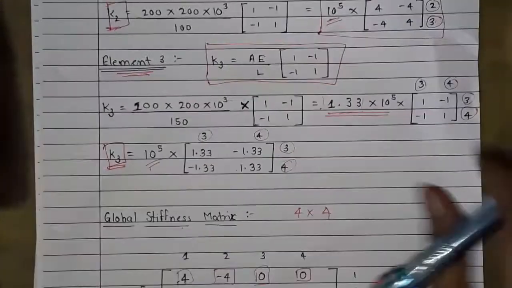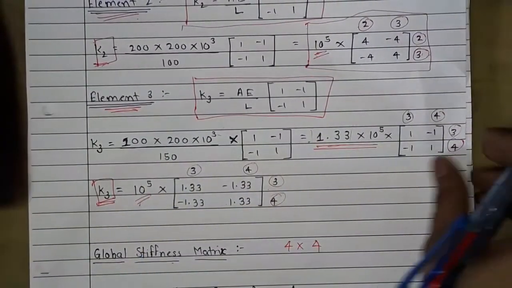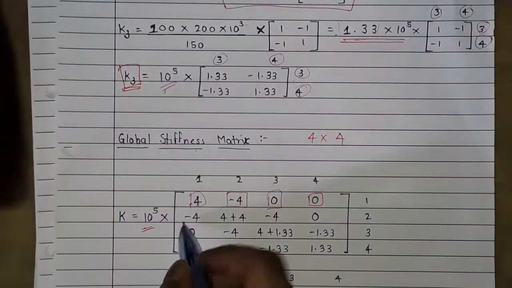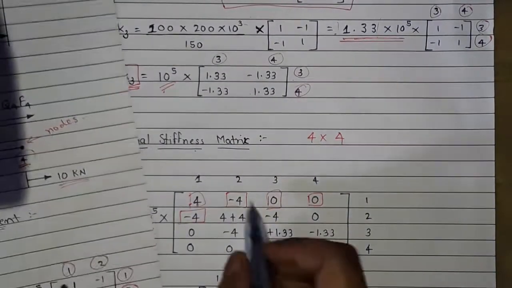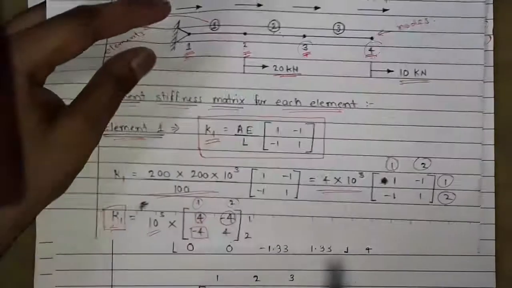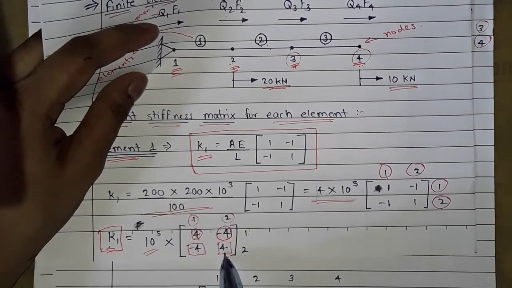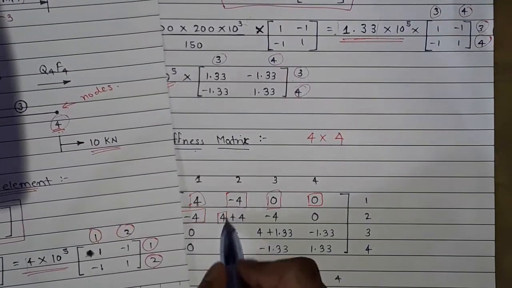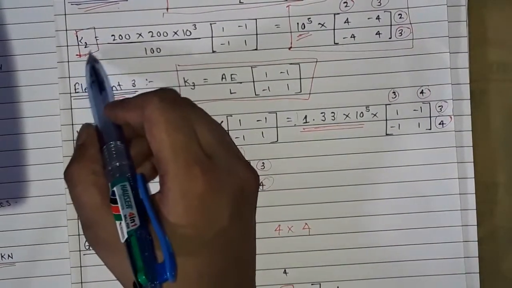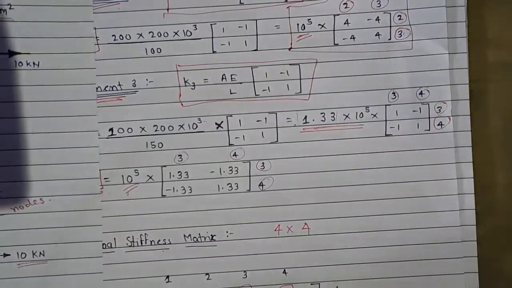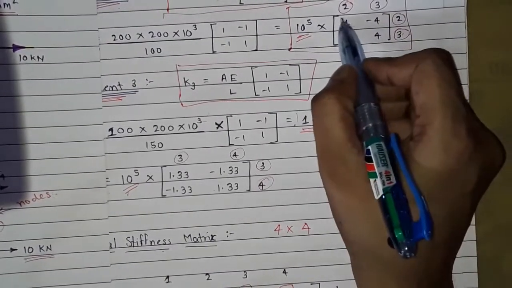And in K2 there is no first column second row, in K3 also there is no such thing, so here the value will be -4. Now for second column and second row, in K1 this is second column and second row, the value is 4, so we have put 4 here. Now in K2 there is also second row second column, so the value is 4.